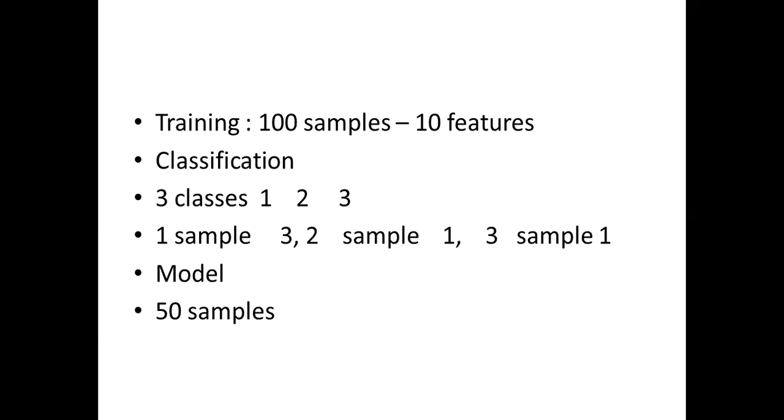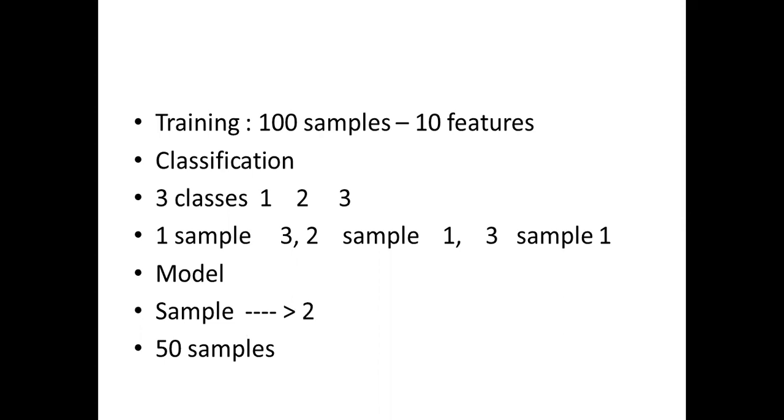Okay, so here 100 samples I am providing and those are the labeled samples. Initially I know in which class these samples are there. So my input will be the sample, and sample means these 10 features of my sample, and output will be in which class my sample will go, either first, second or third class.